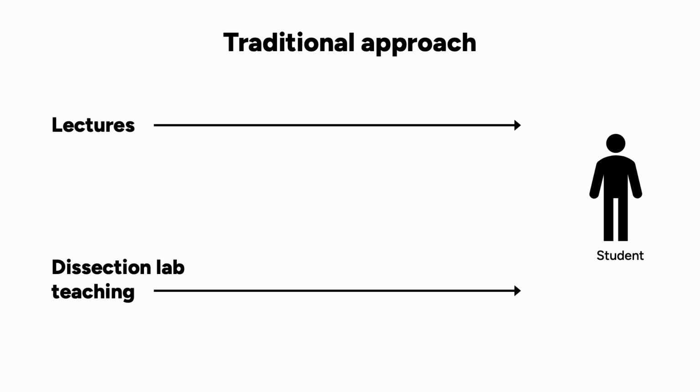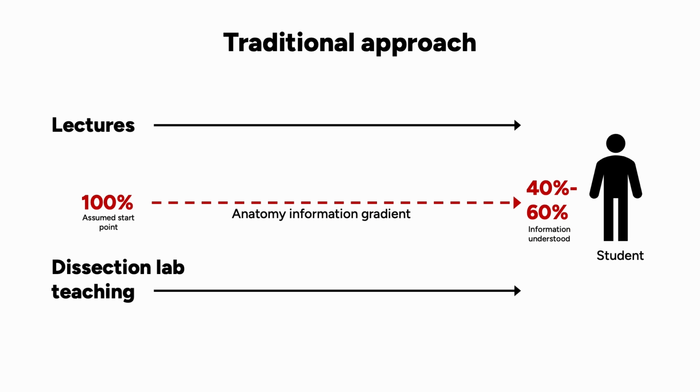Traditionally, the most common approach is to divide the learning opportunities into lecture and dissection lab teaching. Now, it's safe to assume that at any given point, if the amount of anatomical information starts at 100% on the left, by the time it reaches the student, it's probably somewhere around a range of 40 to 60%.